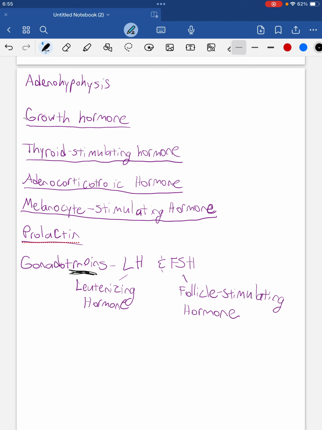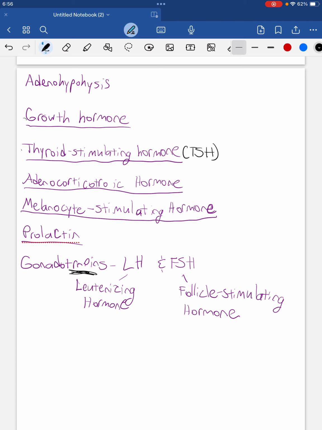Thyroid stimulating hormone, or TSH. This acts on the thyroid gland. Thyroid stimulating hormone, right in the name, it stimulates the thyroid to release T3 and T4.